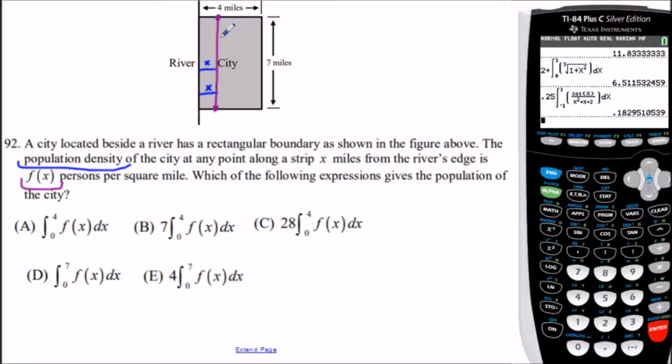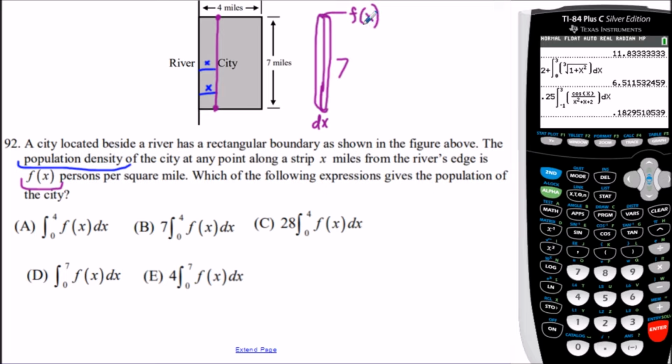So if I were to take this strip out, we take it like out of the shaded region here, this small change in the x direction we call dx. The vertical distance is constant, that's 7 miles. And then we're treating this as a density problem here, which is kind of telling us like the thickness of this. And they're telling us that we're going to call that f of x.